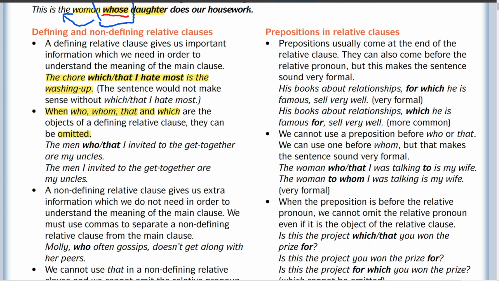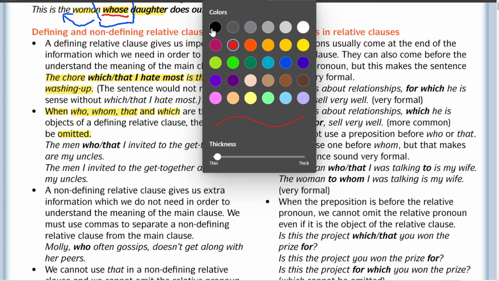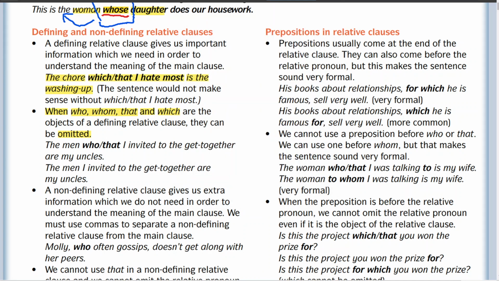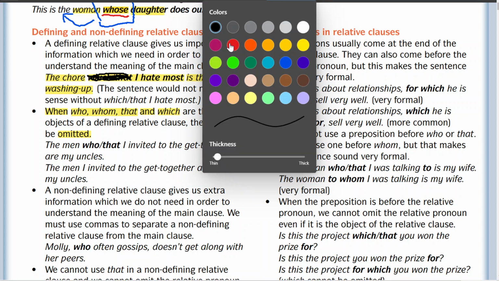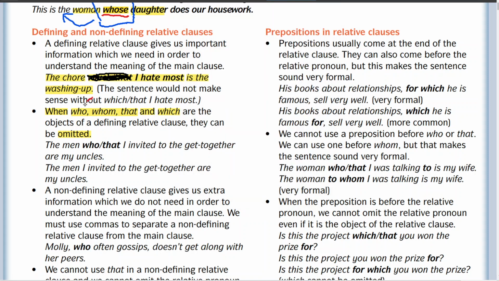Maksudnya dalam ayat seperti ini, the chore which I hate the most, kamu boleh buang ini, and the sentence is still correct. The chore I hate most is the washing up. Okay, tapinya kena terhad kepada yang ni sajalah, yang ada who, whom, that, which.